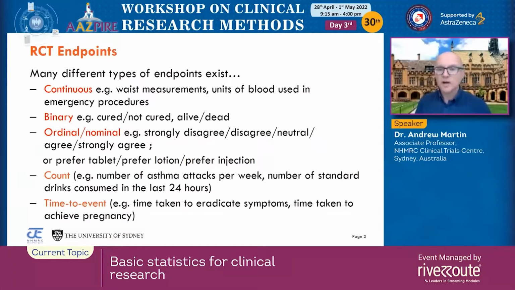So if it's survival time, for example, then there may well be some individuals in our study that are still alive at the time that the final analysis is undertaken. So they do not have a perfectly defined survival duration because their observation time is in fact censored at that point of analysis. Anyway, we'll come back to these different endpoint types, continuous, binary, and time to event, when we look at some common analysis strategies.